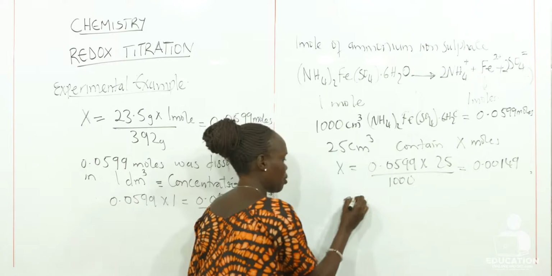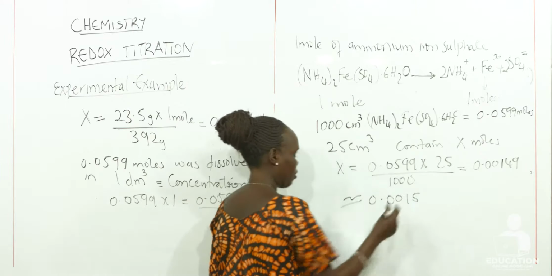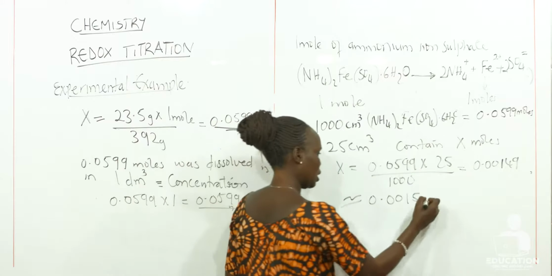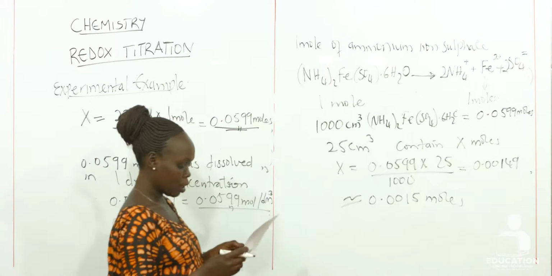So this is approximately 0.0015. So this is the number of moles when we took 25 centimeter cube.